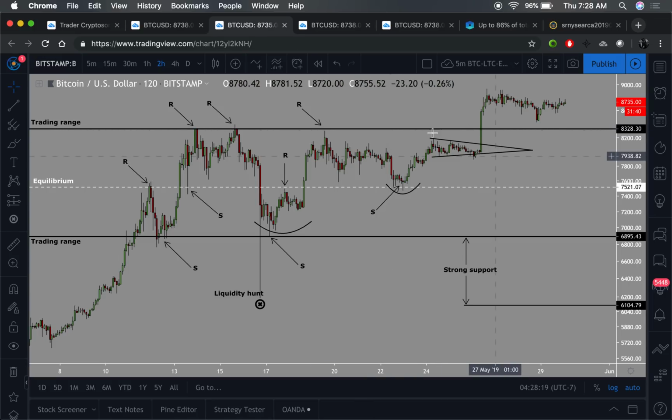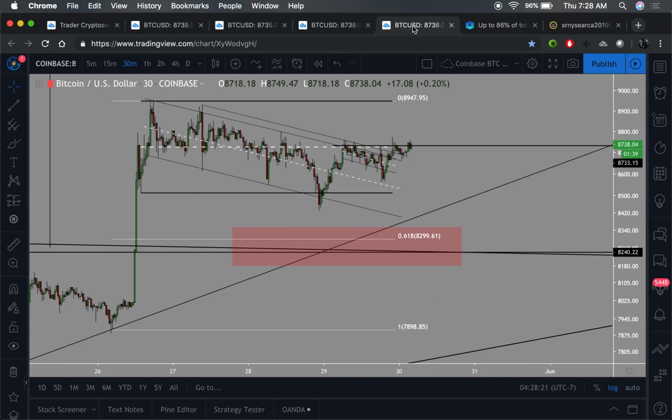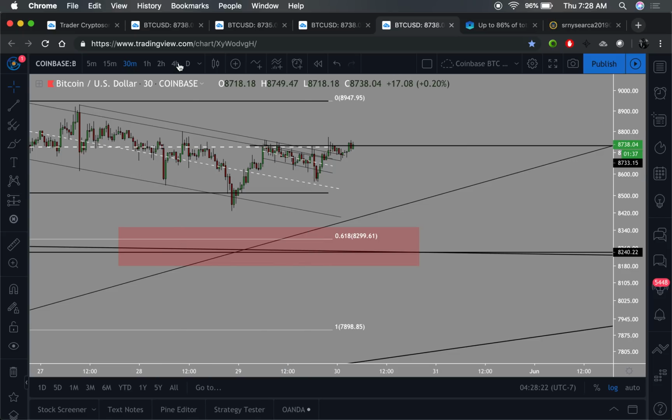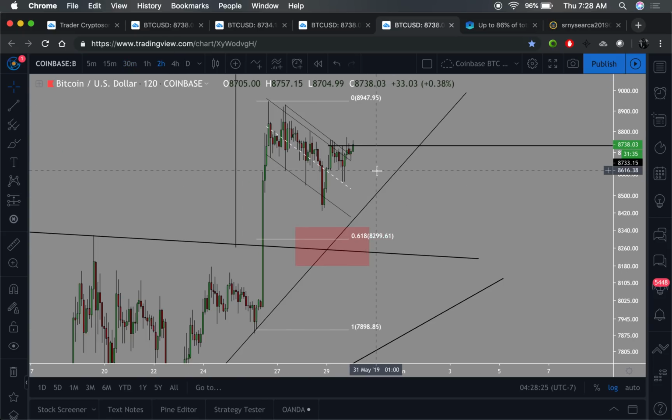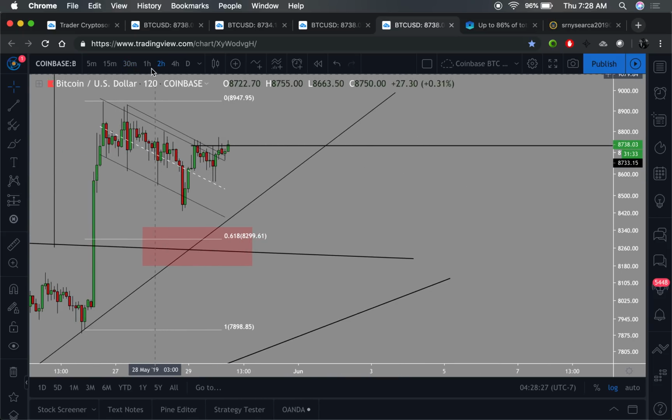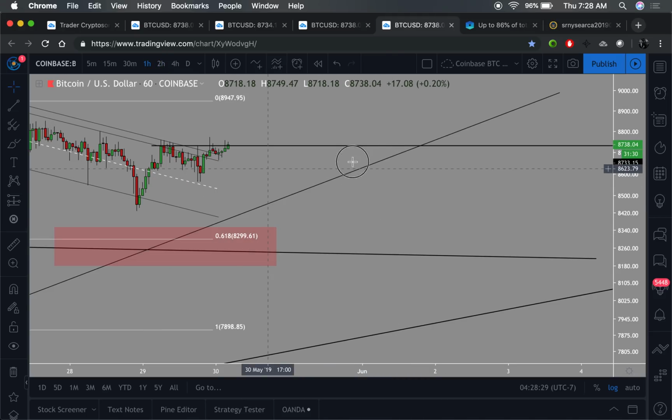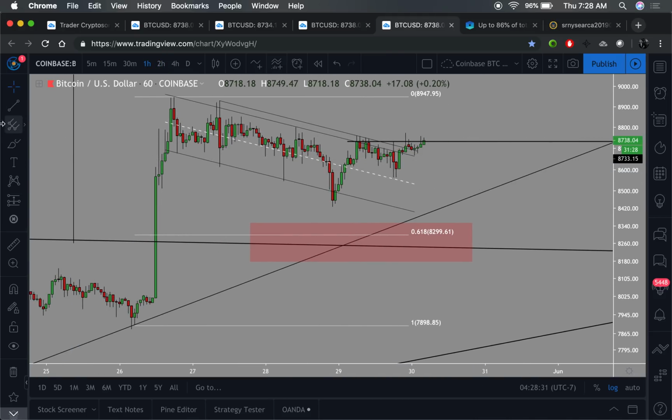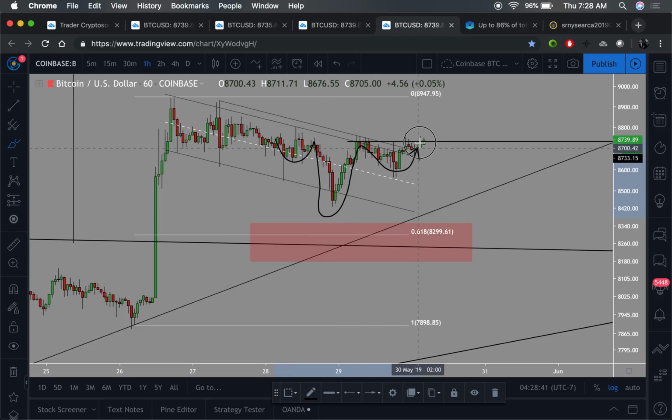If we especially look at this chart right here and start going out on the hourly, say over here, what I spot is something like this. This is essentially your left shoulder, which is not as pronounced. This is your head, and this is that right shoulder.